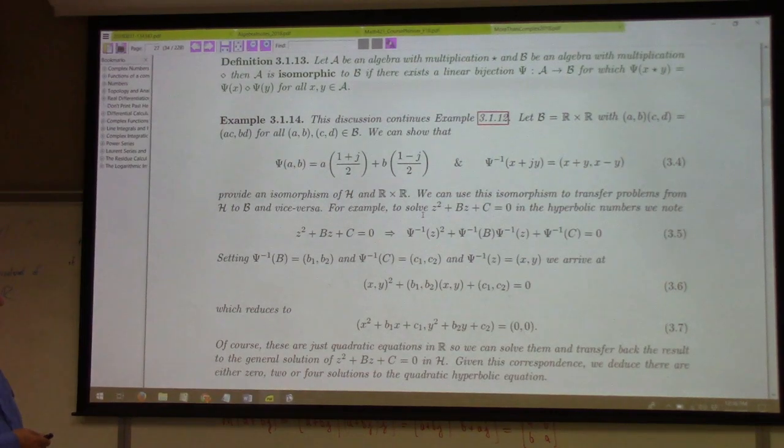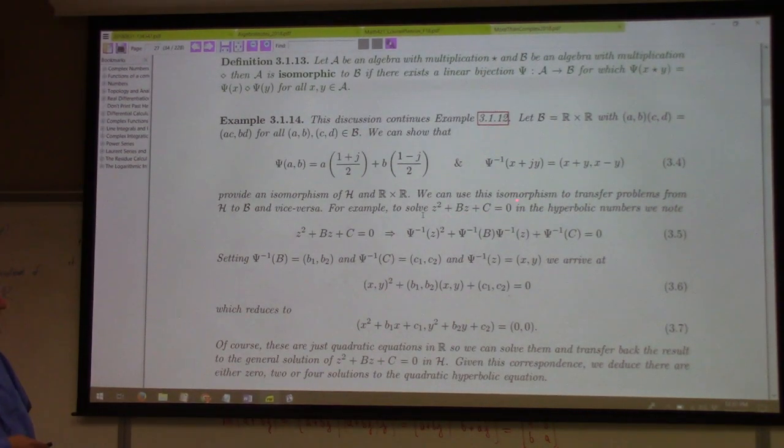If you were going to solve the quadratic equation in the hyperbolic numbers, it's kind of a pain, right? In other words, I want to solve z squared plus bz plus c equal to 0. Well, I could instead trade that for the isomorphic equation in the direct product algebra using this isomorphism. And because the isomorphism respects addition and multiplication, it changes into this corresponding quadratic equation for the direct product algebra.